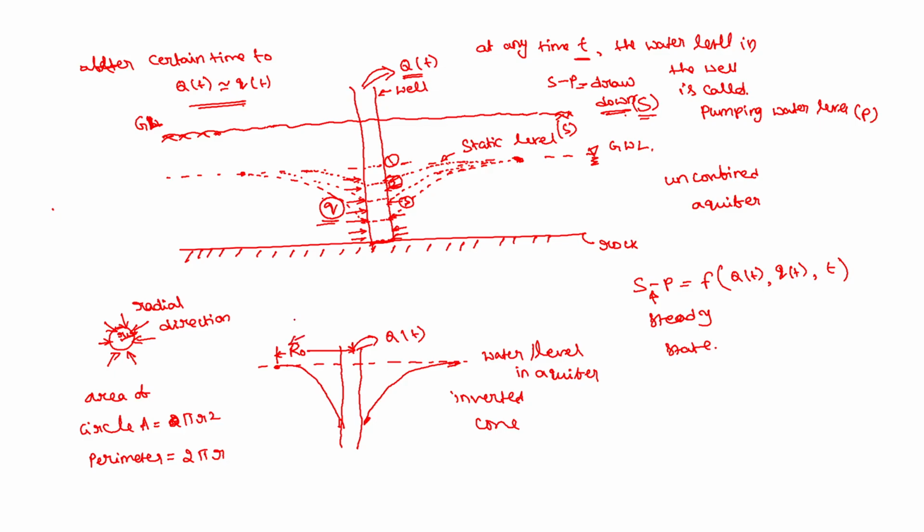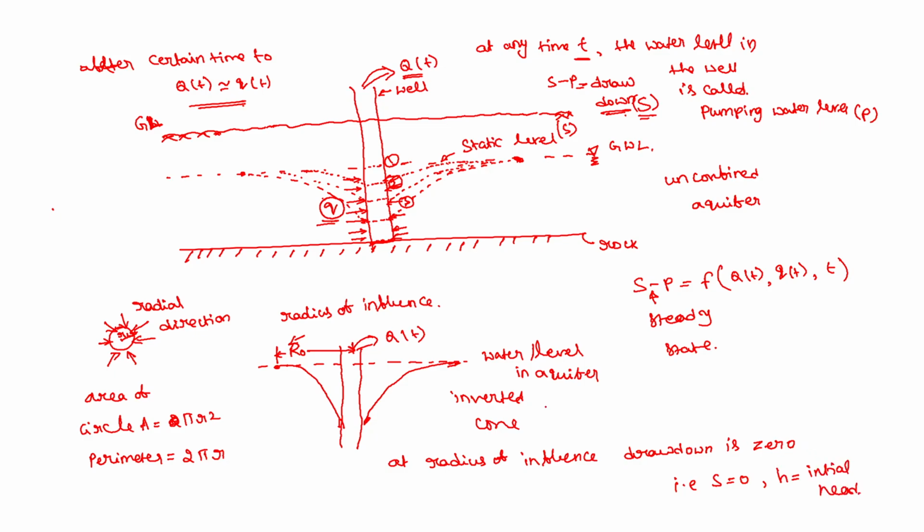This R naught is called the radius of influence. At the radius of influence, drawdown is zero, that is S is zero, and H will be equal to the initial head only.